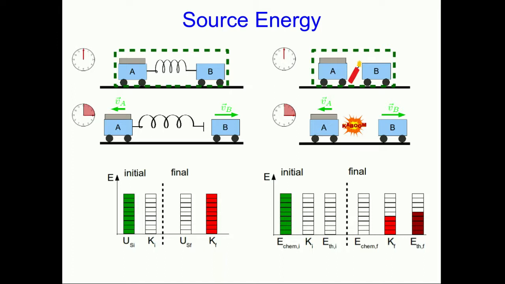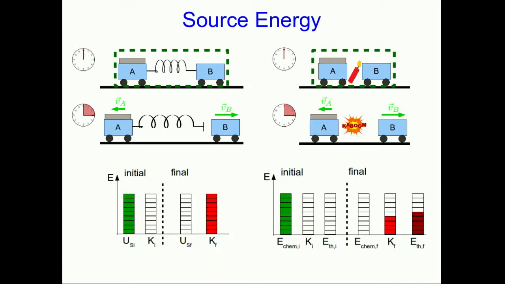And notice that just as we can think of the spring potential energy as energy stored in the compression of the spring, we can think here about the chemical energy as energy stored in the unexploded chemicals in the firecracker. And again, that chemical energy gets converted into kinetic energy of the carts.